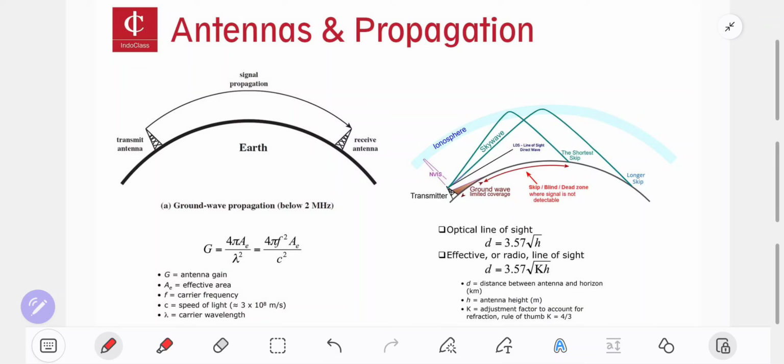And for antenna based on radiation pattern, for example, omnidirectional antenna and directional antenna. The elements of antenna that we have to know, for example, gain, polarization, frequency, and voltage standing wave ratio.